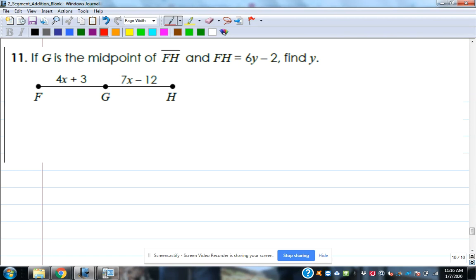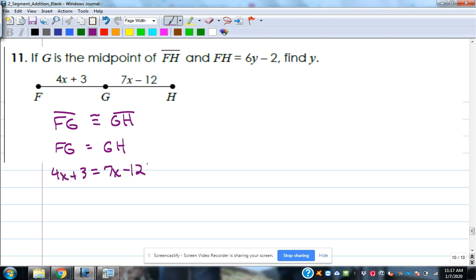Find x for the segments, exactly like what we've been doing. FG is congruent to GH, then FG is equal to GH. And then we set that up: 4x plus 3 is equal to 7x minus 12. That'd be 15 is equal to 3x. x is equal to 5. So we found x.